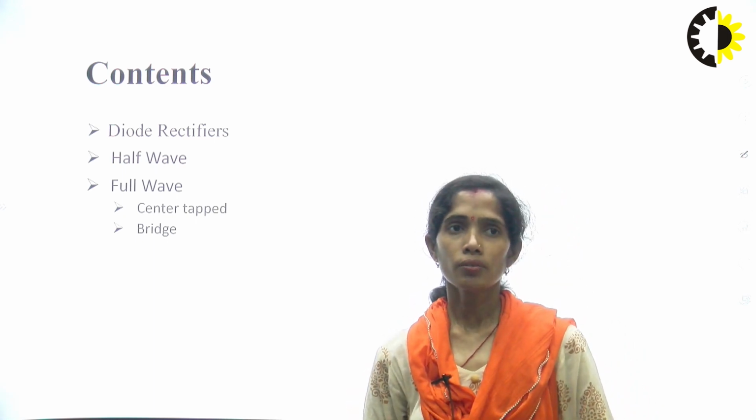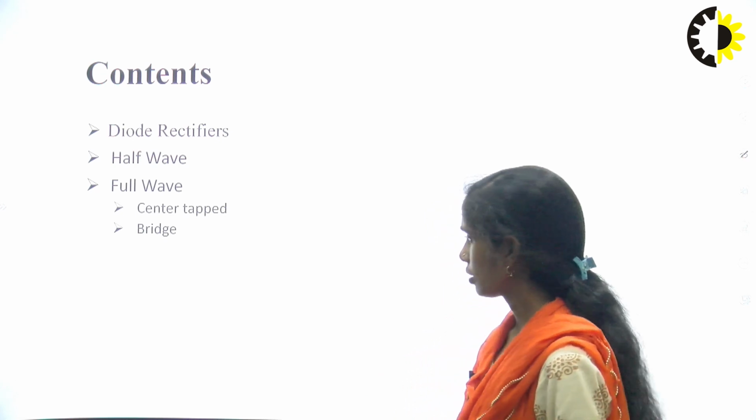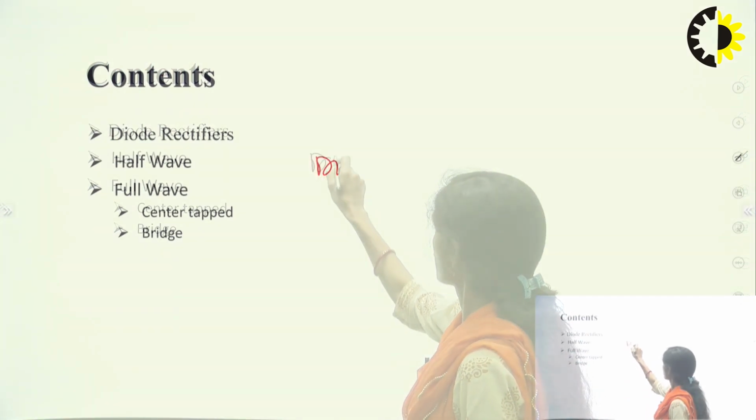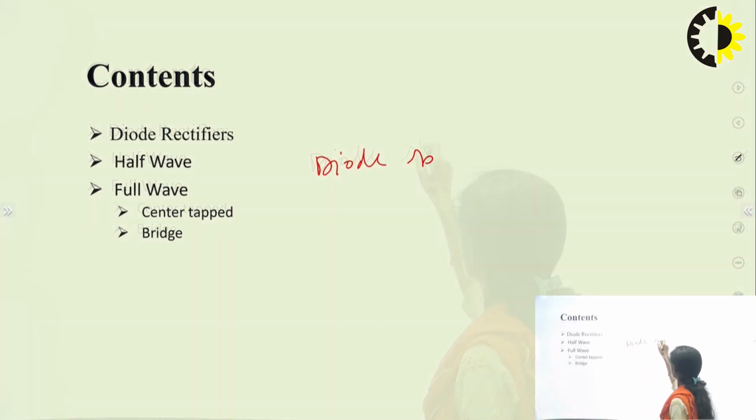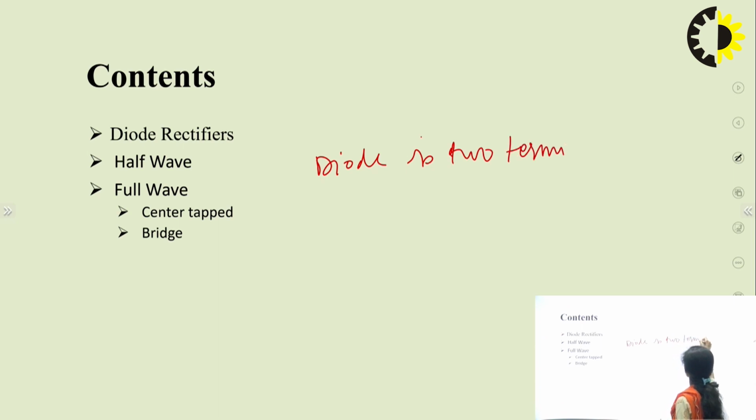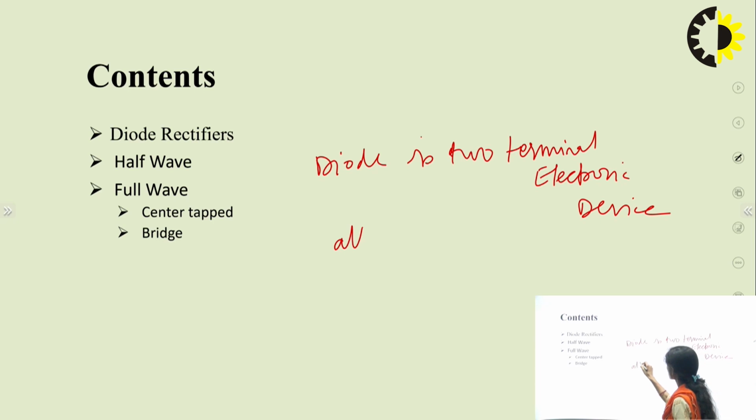So diode, we already know what is diode. First of all, diode is a device. Diode is a two-terminal electronic device which allows current to flow in one direction.